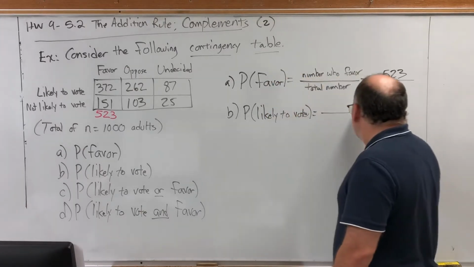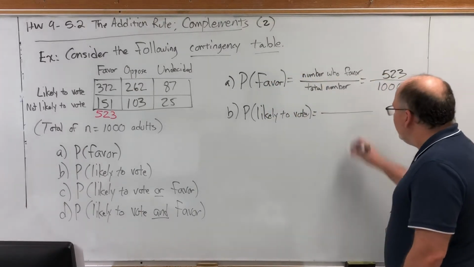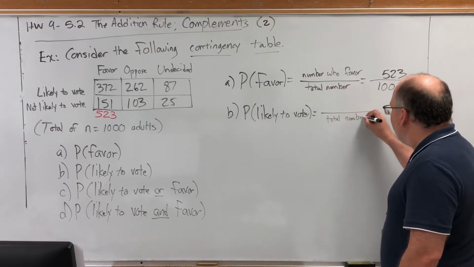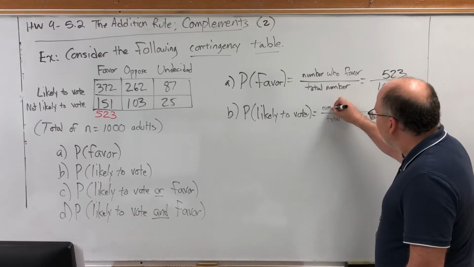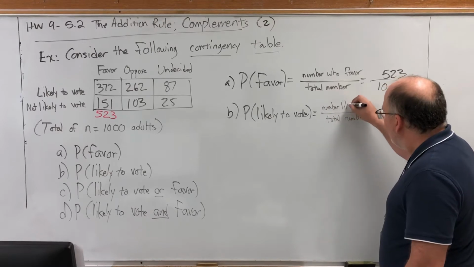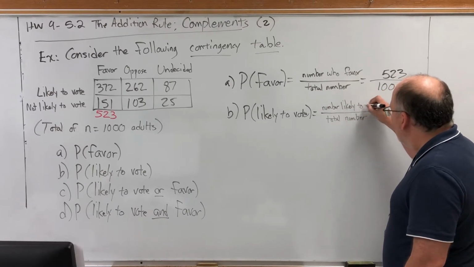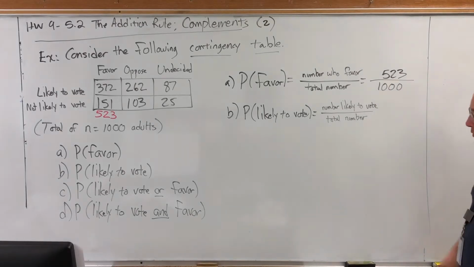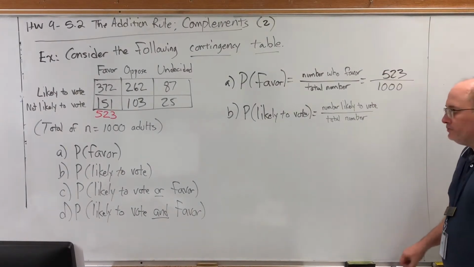Same concept. We need the total number for the denominator, but in the numerator, we need the number likely to vote. So what would we do to find the number of people who are likely to vote?